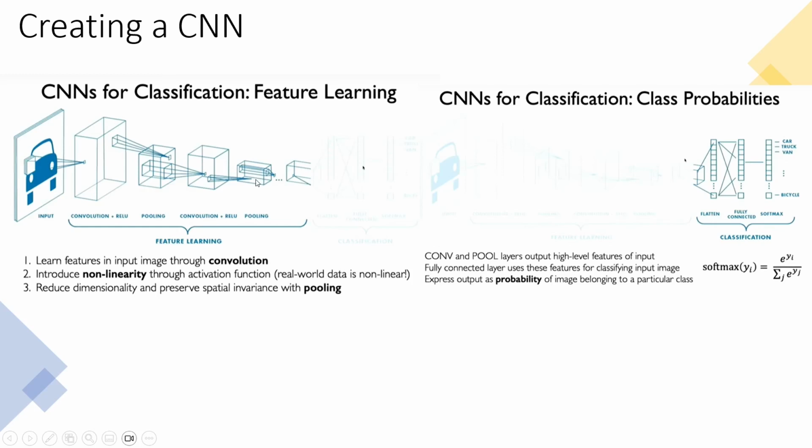But we would like to make a decision, for example, to say this image was a car, truck, or a van. So what you would like to do is, instead of having this type of tensor, you flatten this tensor. So you come up with a dense layer. Okay. And this is usually how we make the classification decision.